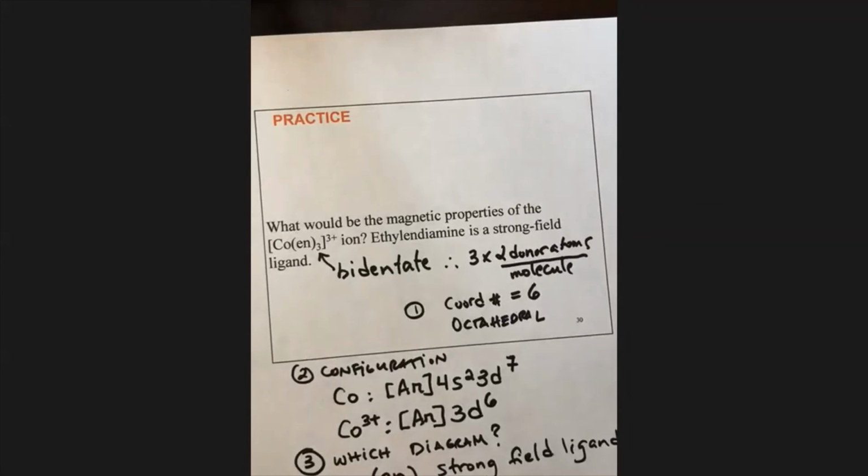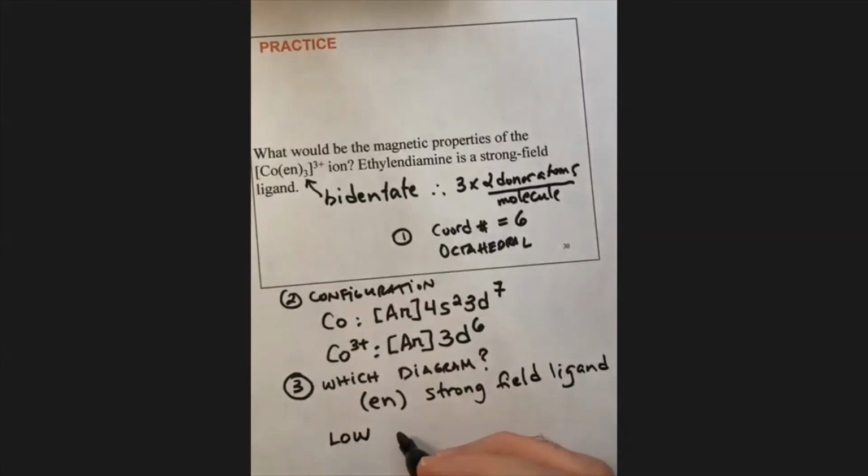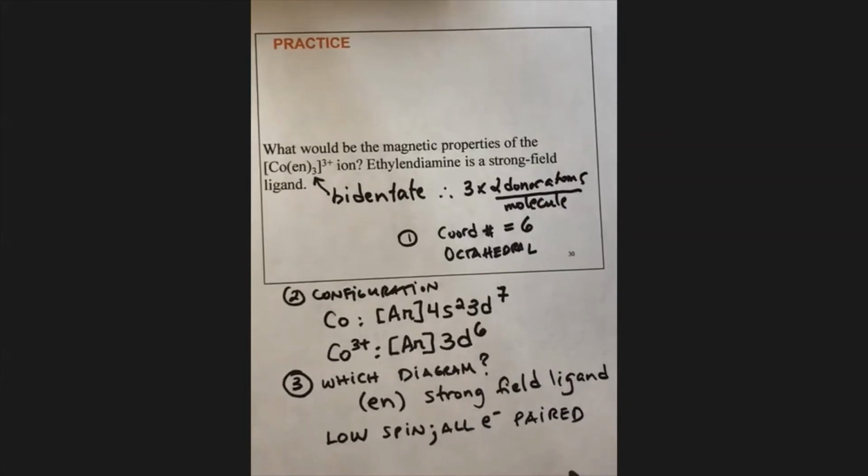So this is going to be low spin. We find that all electrons are paired. And I don't know if you guys remember this word, but when you have all of the spins paired, we have something called a diamagnetic atom.